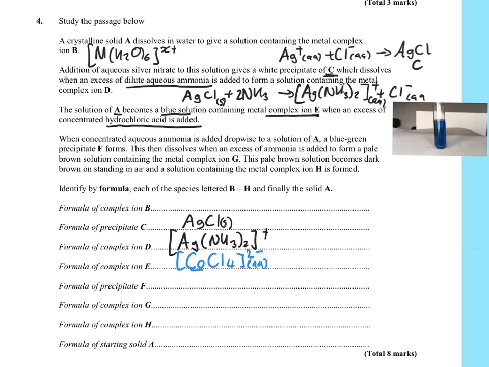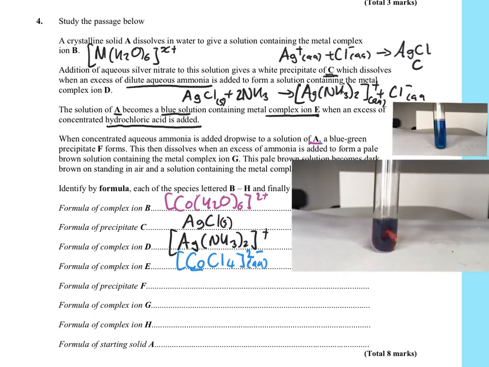Now it then tells us that concentrated ammonia is added to a solution of A. So we now know that A had to, complex ion B had to be the beautiful pink [Co(H2O)6]2+. So now we said we're adding aqueous ammonia to our [Co(H2O)6]2+, and we form a blue-green precipitate.